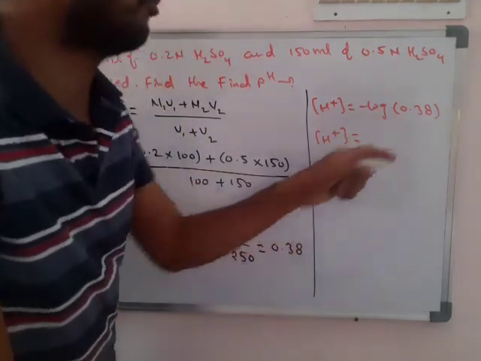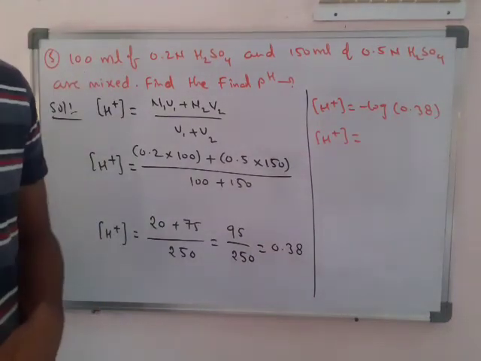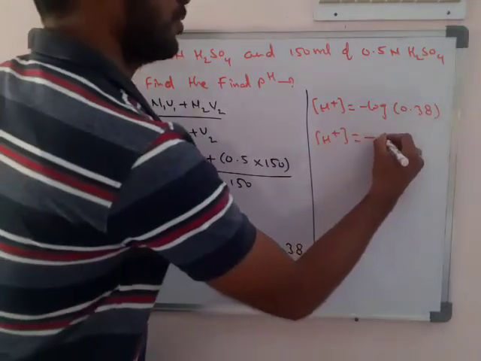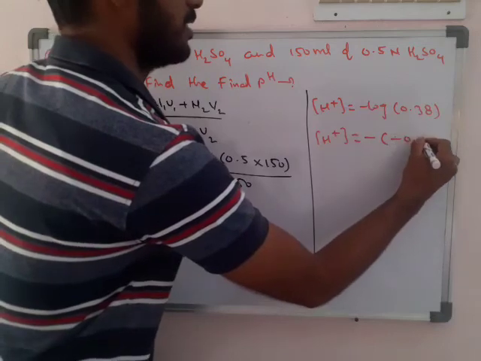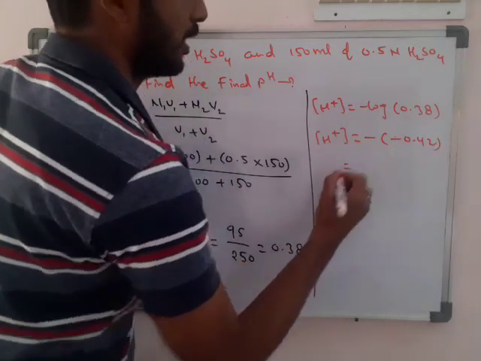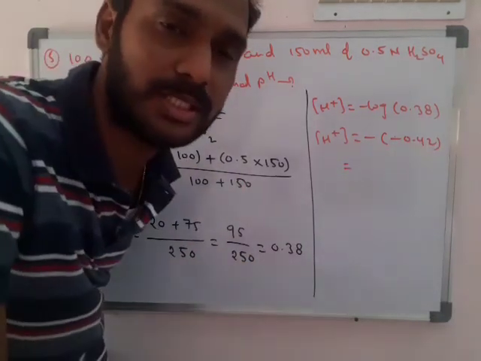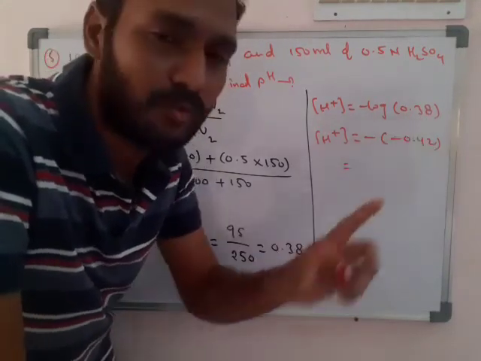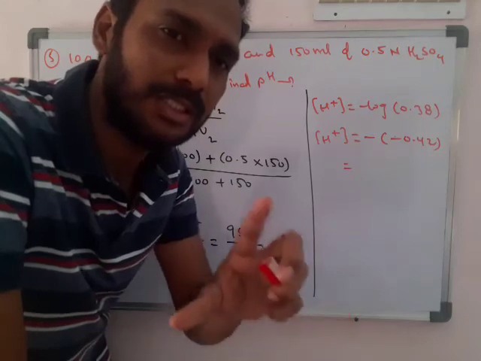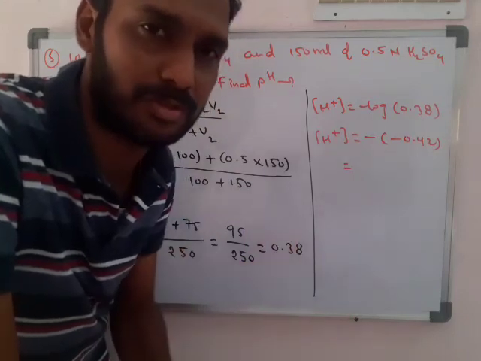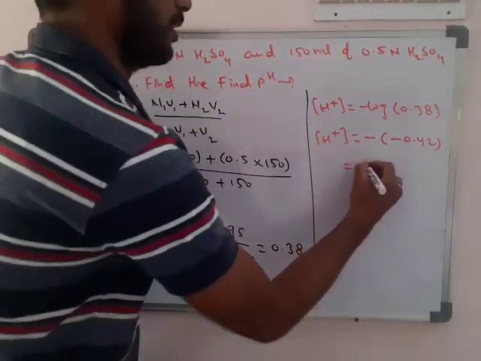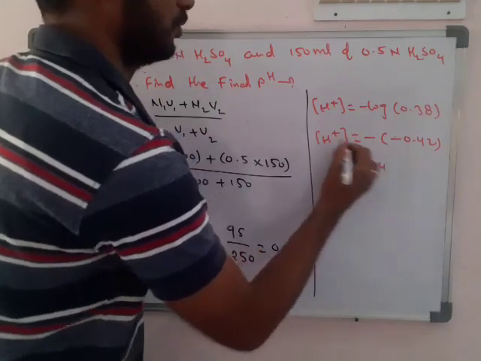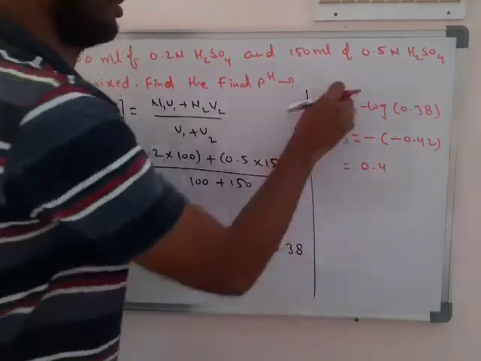The logarithm of 0.38 is minus 0.42. So logarithm values are also present as negative values. Values of 0 point something all have negative logarithm values. It becomes 0.42. Sorry, it is pH, not H plus.